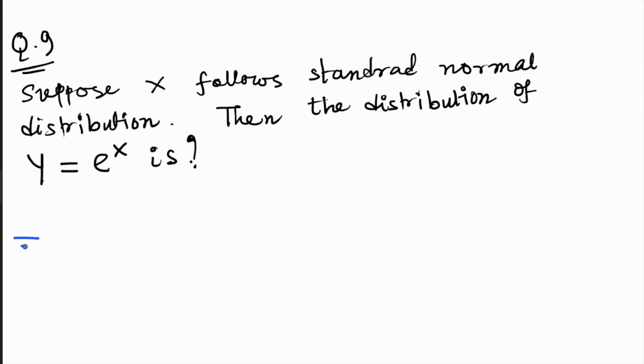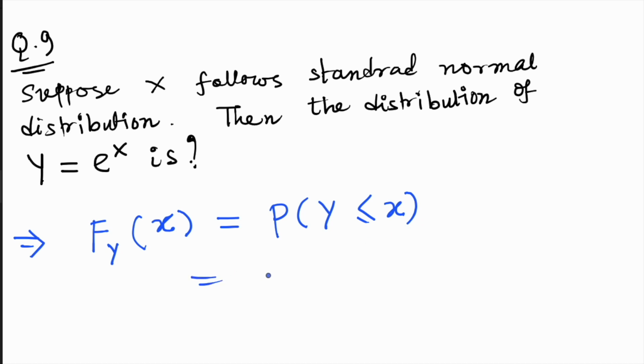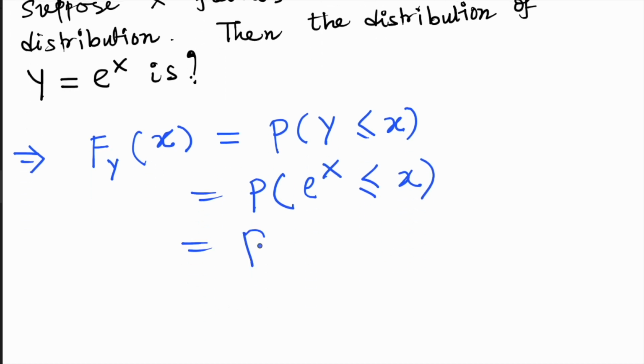First we're going to calculate the cumulative distribution function of y at some point x. This means the probability that y is less than or equal to x, which means the probability of e to the power x less than or equal to x. So this means actually the probability of x less than or equal to log of x.